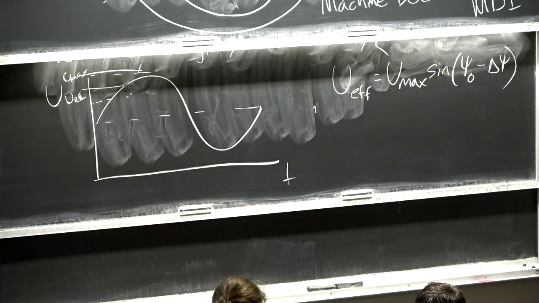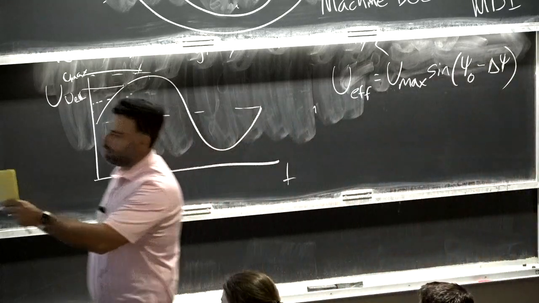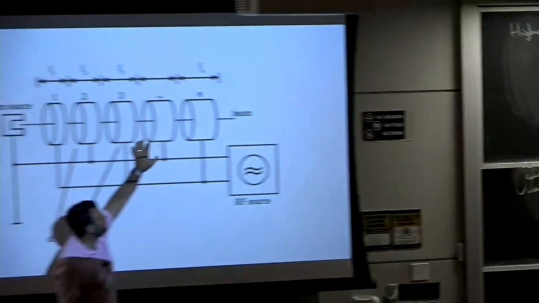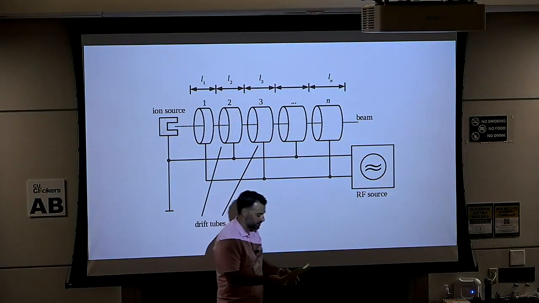Okay. Now, as I said, in the limit that we get relativistic, our beta is approximately 1. Okay, that equation disappeared. But the point is that these drift lengths become essentially constant for very high energy particles. So instead of thinking of these drift tubes that get longer and longer and longer, the distances are the same.